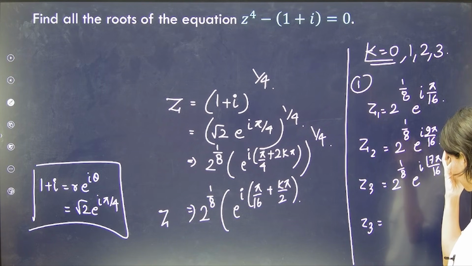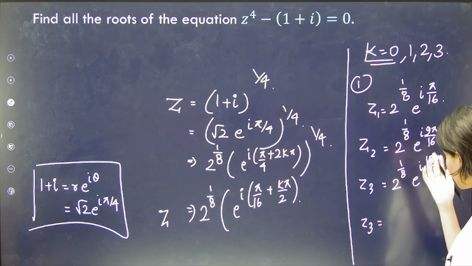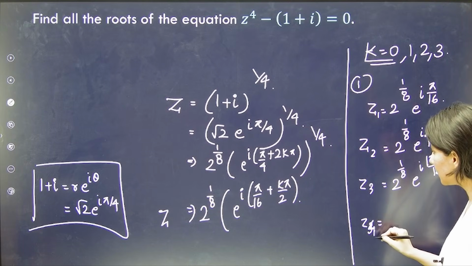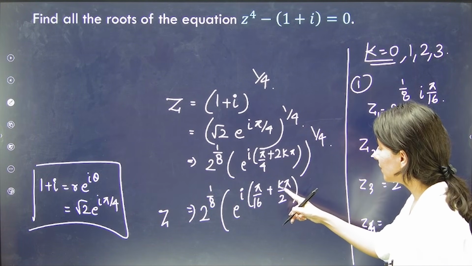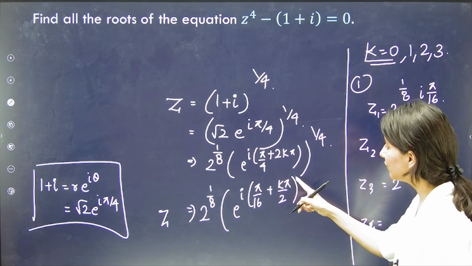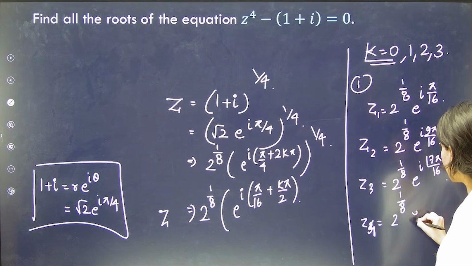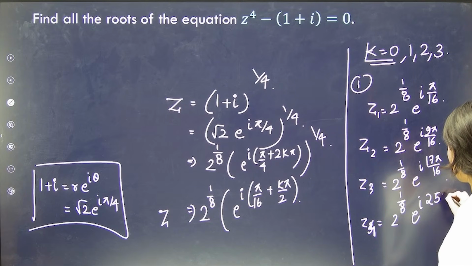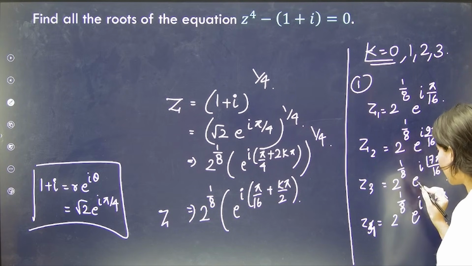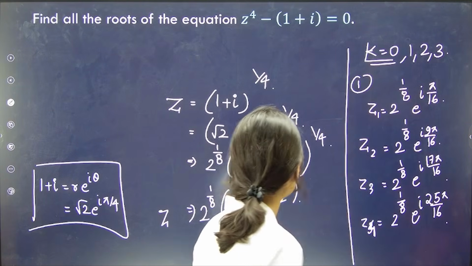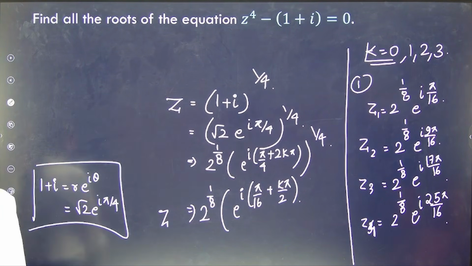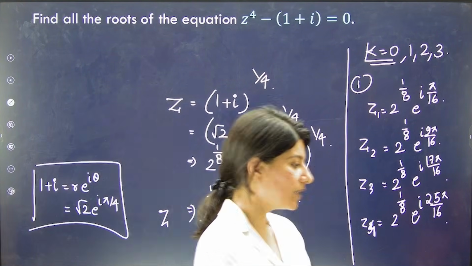Z4, k equals 3: 3 and 3 is a 24, 24 plus 1, 25. Correct. E raised to power iota 25 pi by 16. These are the values. Okay. All right. Have a look and let me know whether you are understanding de Moivre's or not.